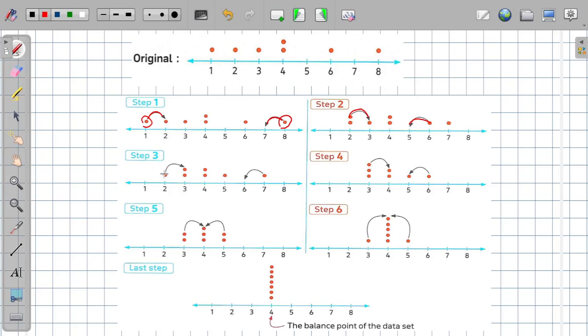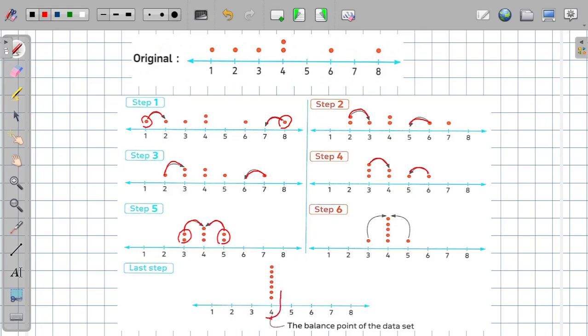Next, I will move the dot of 2 to 3 and the dot of 7 to 6. Next, I will move the dot of 3 to 4 and the dot of 6 to 5. Next, I will move the two dots of 3 to 4 and the two dots of 5 to 4.